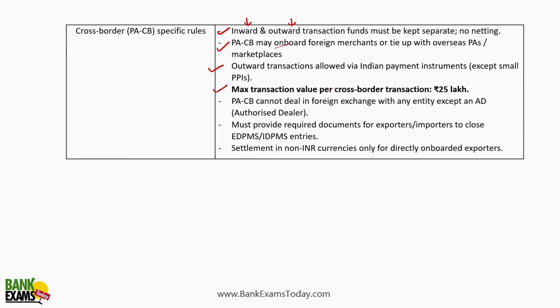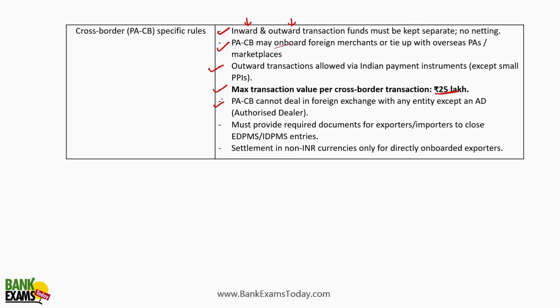The maximum transaction value per cross-border transaction is 25 lakh rupees. One transaction cannot be more than 25 lakh rupees. If it is more than that, you need to go to your bank for the wire payment, right? This is done to control Benami or black money transactions, right?